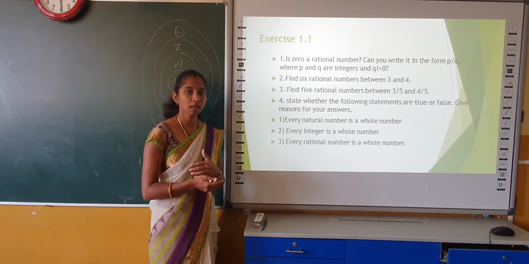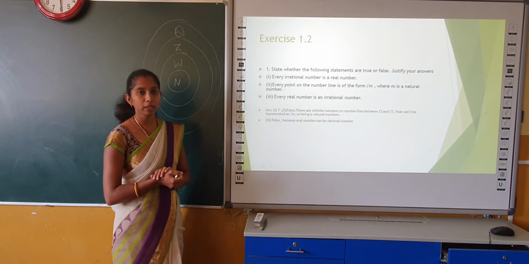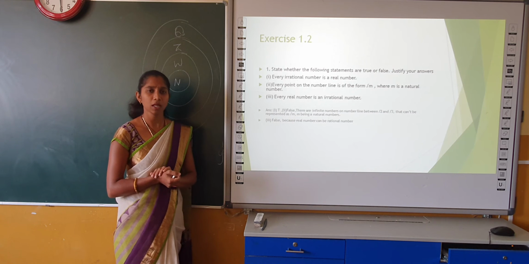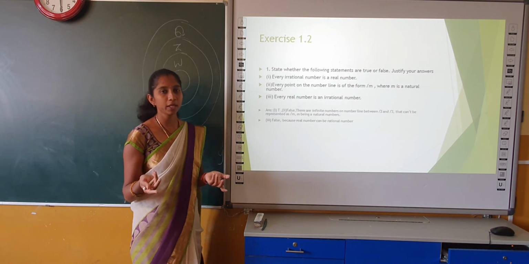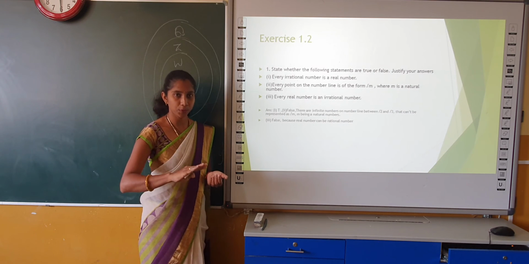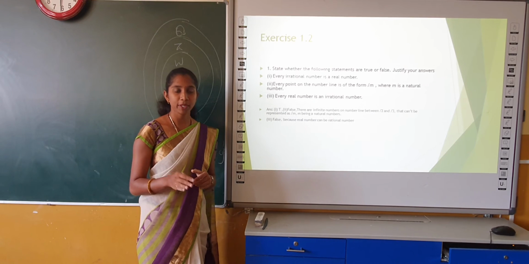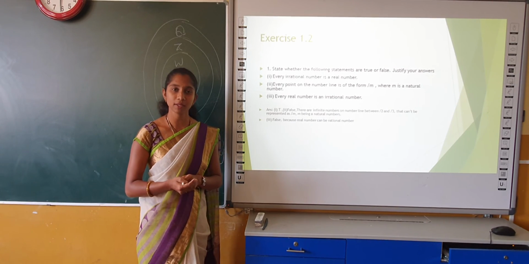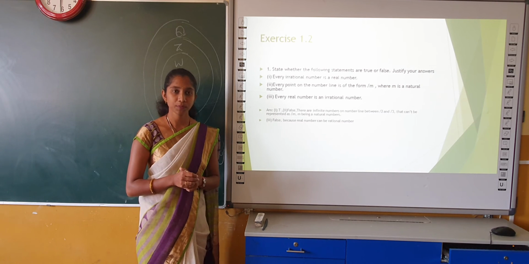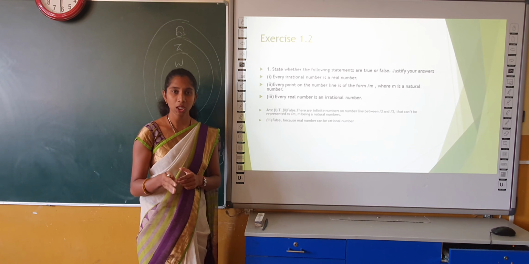Next is the irrational number topic. You already know the irrational number. Irrational number means the numbers which cannot be written in the form of p by q, numerator and denominator form. I repeat, irrational numbers cannot be written in the form p by q. For example, pi, root 3, root 2, root 7.